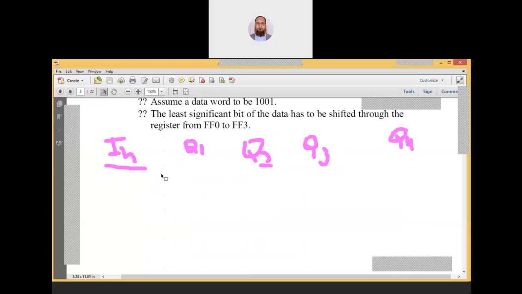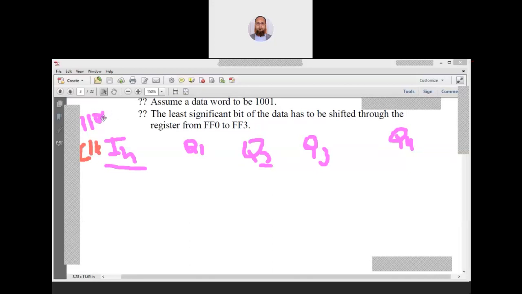So let's start from here. The input data that I showed you was 1101. One more thing is there, that is the clock. Remember, everything will change only after the clock appears.